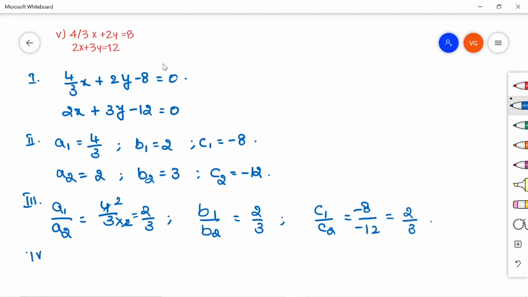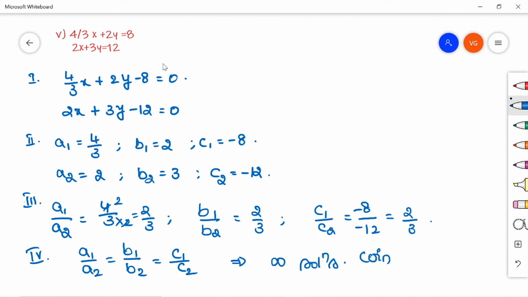So compare the ratios at step 4. a1 by a2 is equal to b1 by b2, which is nothing but c1 by c2. So it has infinite solutions, and these are coincident lines. As it has a solution, we can say this is consistent. The pair of linear equations is a consistent set.